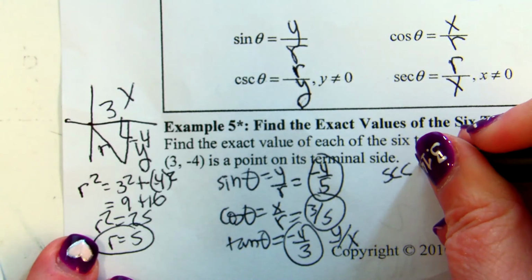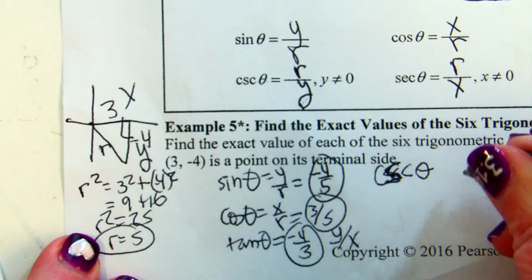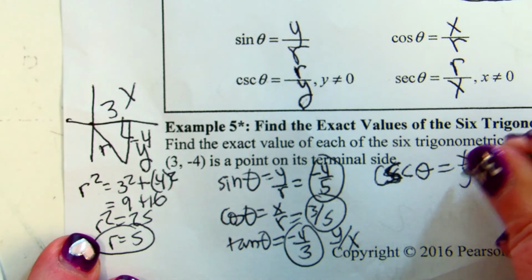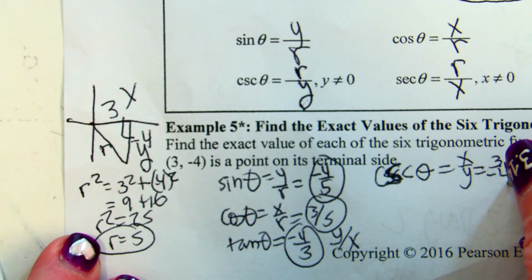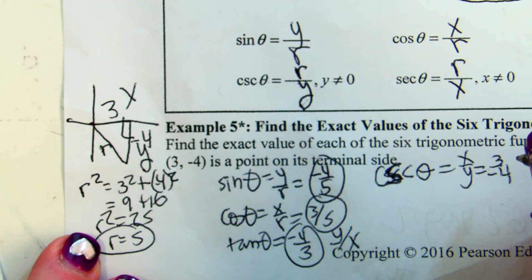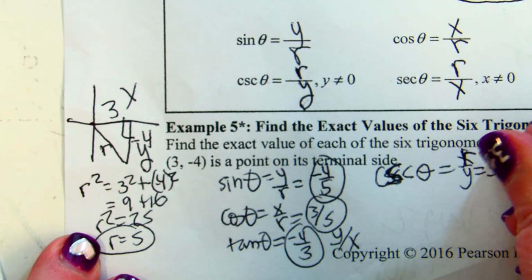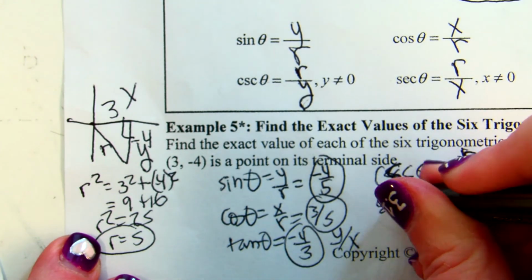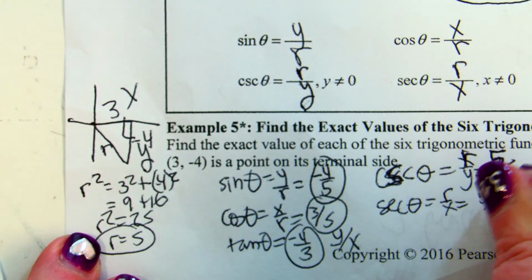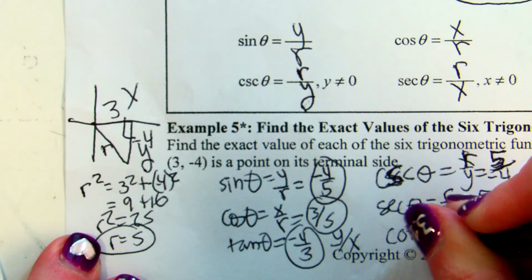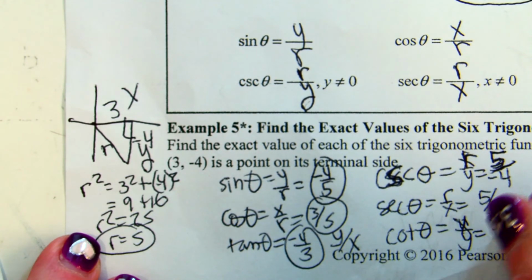Cosecant theta is r over y, so it's 5 over -4. Secant theta is r over x, which is 5 over 3. And cotangent theta is x over y, which is 3 over negative 4.